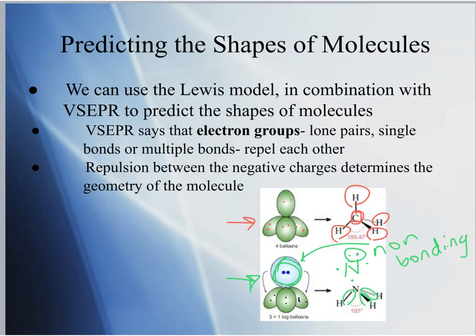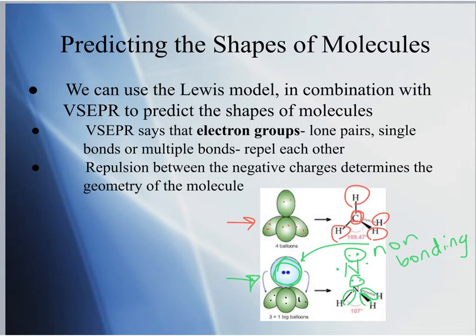Because that non-bonding pair up there wants to be as far apart from those bonded pairs between the nitrogen and hydrogens, we end up getting an angle between the hydrogens of 107 degrees.